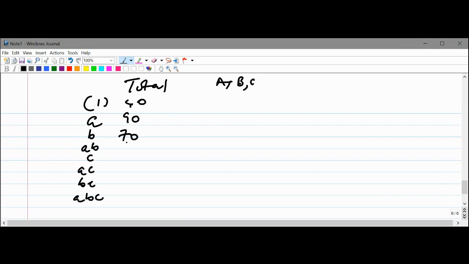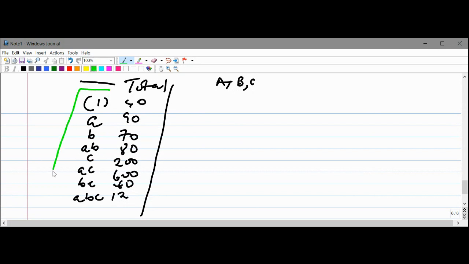Let's take 40, 90, 70, 80, 200, 600, 40, 12. 1, 2, 3, 4, 5, 6, 7, 8. Yeah, 8 values. Rule number 1, we agree that this order is the one that is recognized.